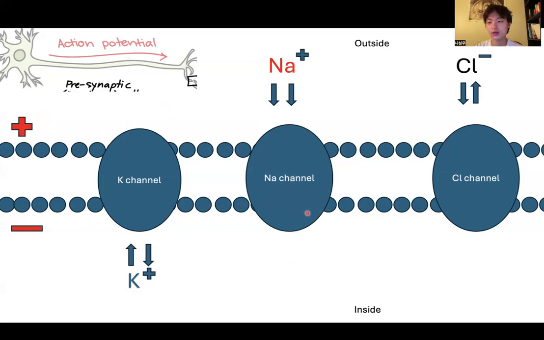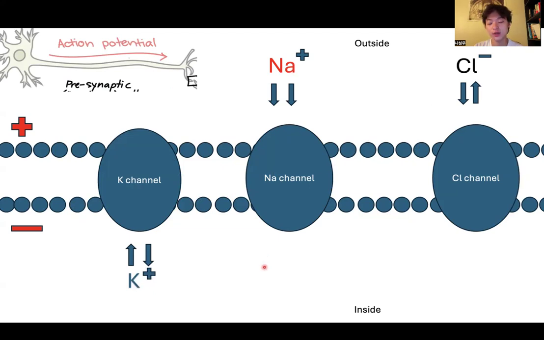And these channels are not always open. As I said, when dendrites receive signals from other neurons and those signals are incorporated in the soma, those incorporated signals make the negatively charged inside more positive, usually to minus 55 millivolts.